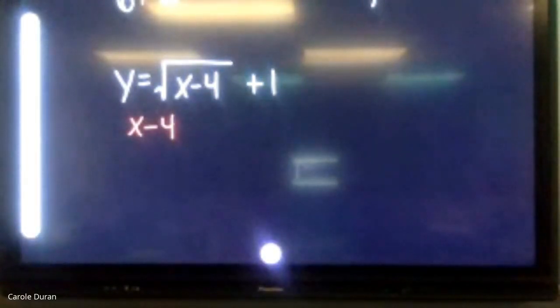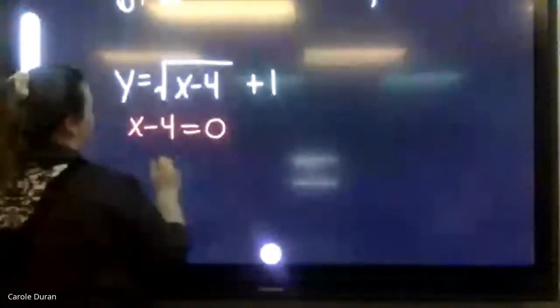What am I gonna do with that x minus 4? Set it equal to 0, and equal to 1, and what's the third one? What are the 3 magic numbers for radical equations? 0, 1, and 4. Good. So we set this equal to each of them, and we solve.